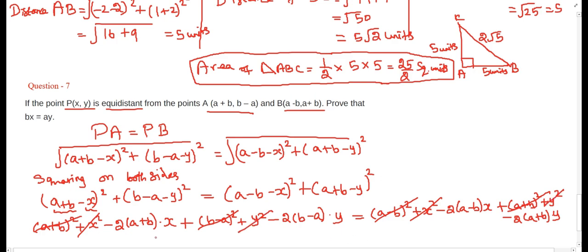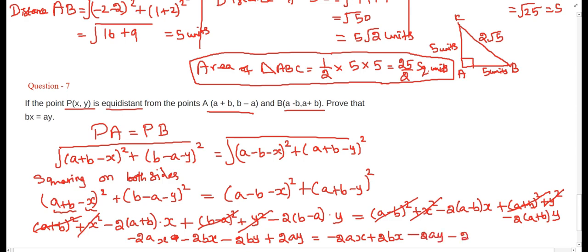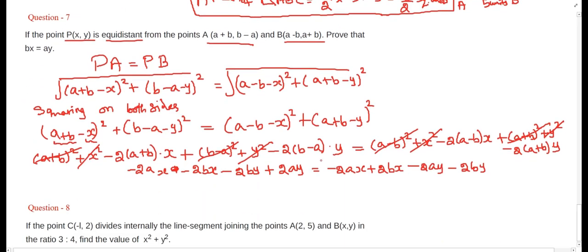So the remaining terms will be minus 2ax, minus 2bx, minus 2by plus 2ay, which is equal to minus 2ax plus 2bx minus 2ay minus 2by. So now again cancelling the similar terms, 2ax cancels, and 2by is also cancelled.